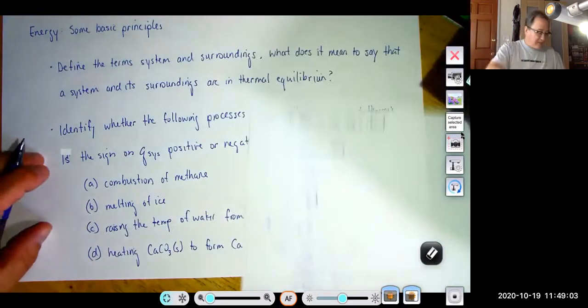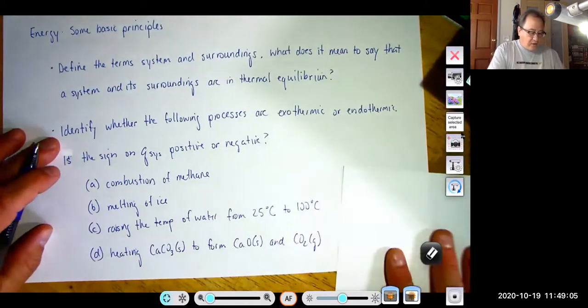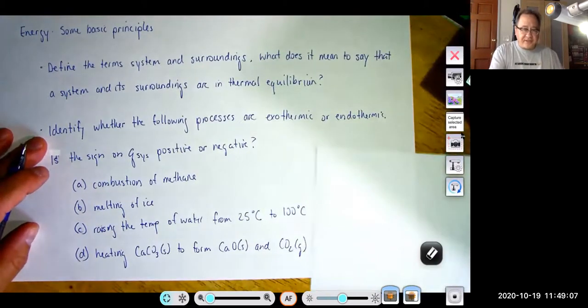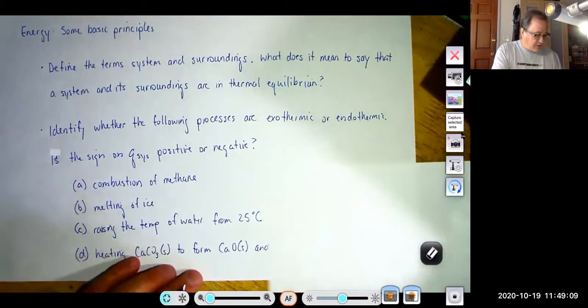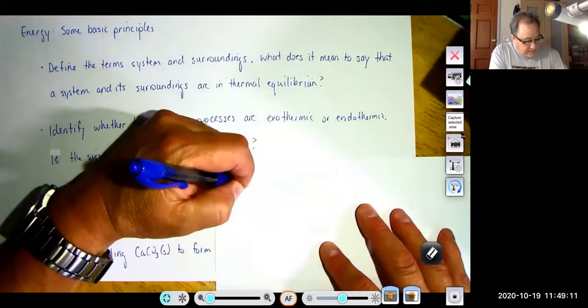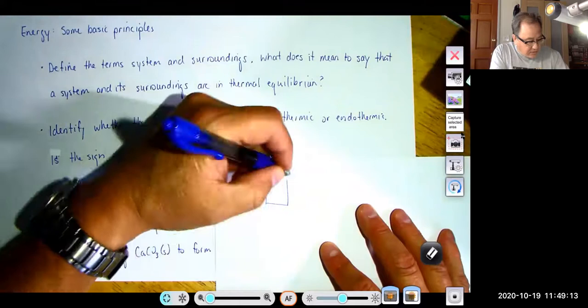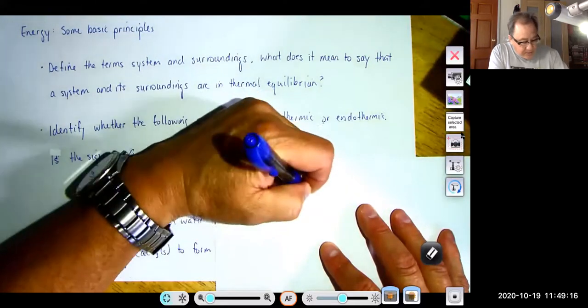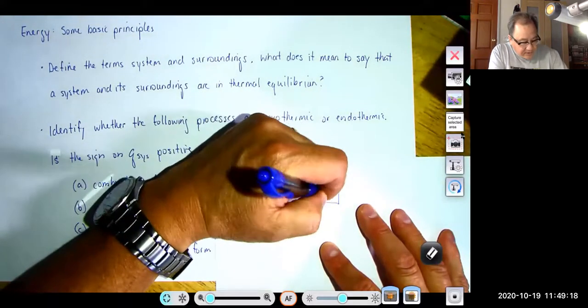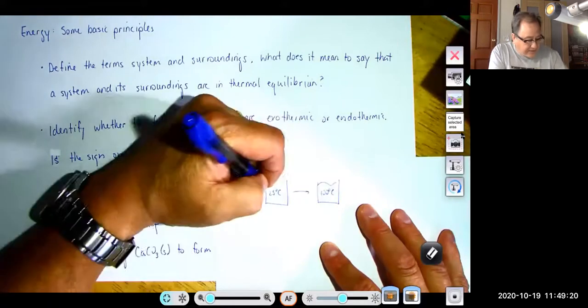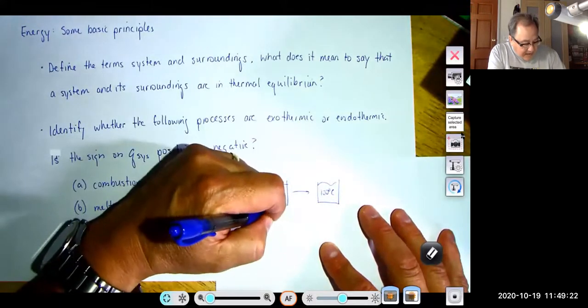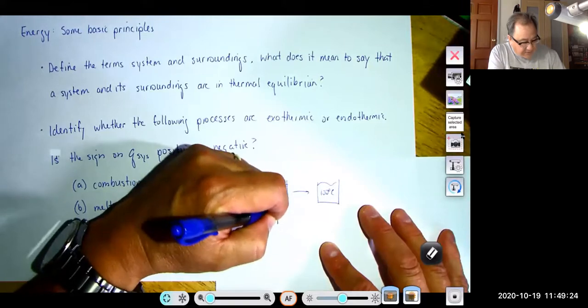Let's take a look at C. Raising the temp of water from 25 degrees Celsius to 100 degrees Celsius. So for C, we're going to take a glass of water that's at 25 degrees Celsius, and we're going to raise it to 100 degrees Celsius. And so basically, I think I'm going to need to add fire to it. So here's my Bunsen burner.